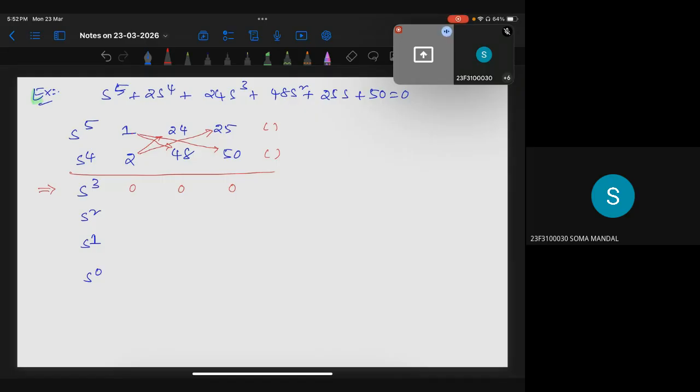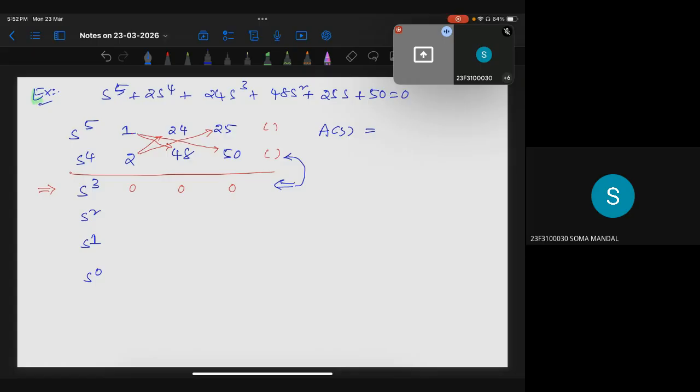In this case, what do we do? We consider the auxiliary polynomial. What is that auxiliary polynomial? You have a row of all zeros, correct? So consider the row exactly above. What is that row? 2, 48, 50.